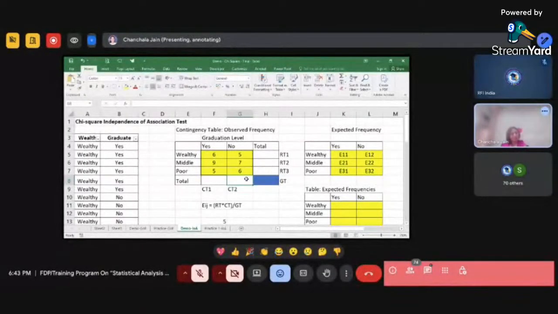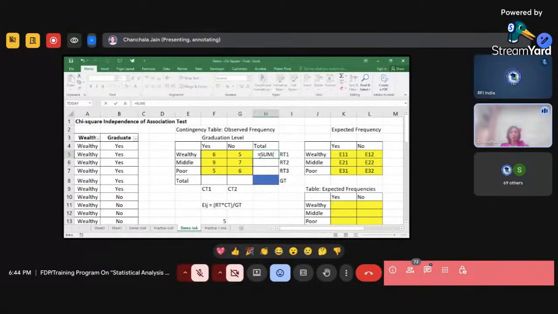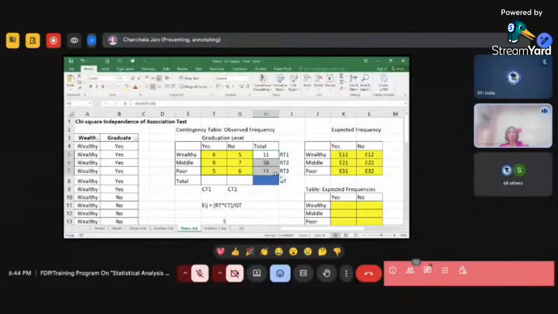Done. Yes. Now you can see it's 6, 5. You need to take a total. It is very simple total. Up to you. If you wish to sum, if you want to use some function you can use it, or you can directly type it. Because the sum is very small, you can easily calculate that.